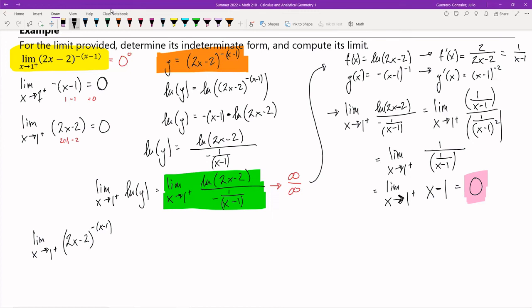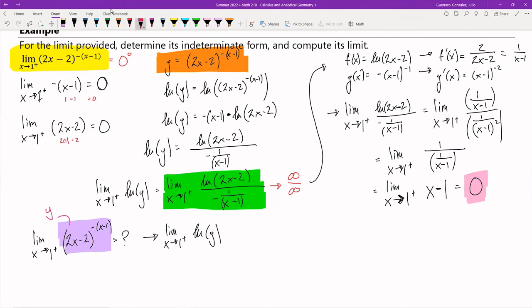That was the original limit that we wanted to find. So we had no idea what this was. So what we did was we tried to do the limit as x approaches 1 from the positive of the ln of y, right? And we said basically this thing right here, we called that y. This was going to be our y.